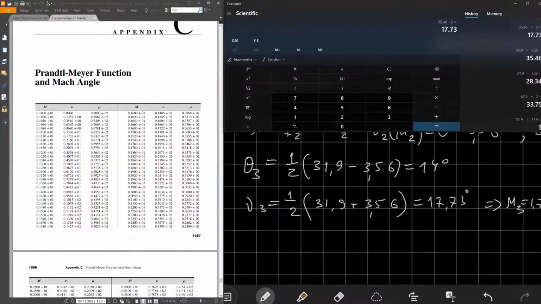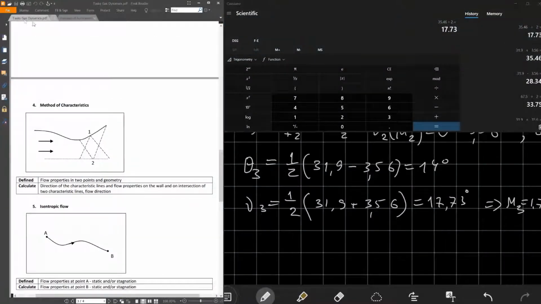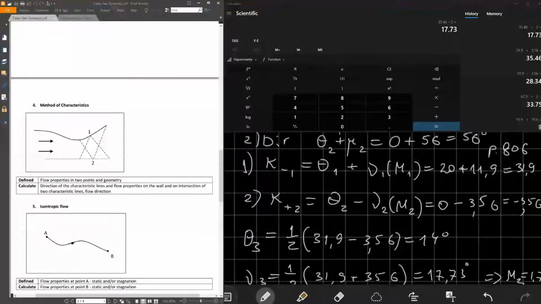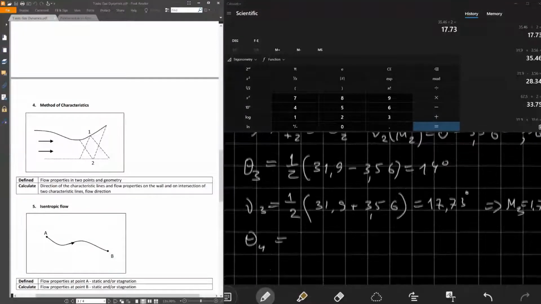there, and I would like to show you calculation of the point near the wall. For example, this one here. At this point, point 4, I will have to define also direction of the flow. Direction of the flow is the same as at point 1, so I will write that theta 4 is equal also to 20 degrees, right?